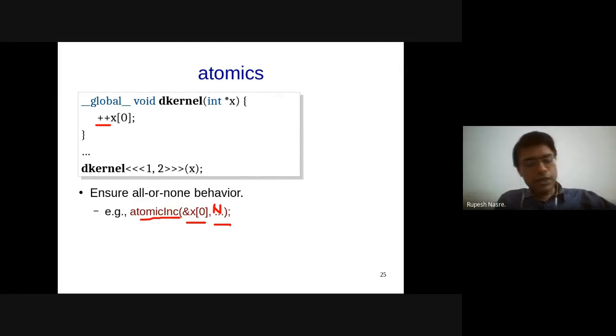I think I did not make it clear. So there are 2 concepts. One is the atomicity of a set of operations, and the second one is the atomic primitive, like atomic increment, atomic cache, etc., which is provided by the library or CUDA. When we are dealing with an atomic operation over a set of statements, it's like a critical section.